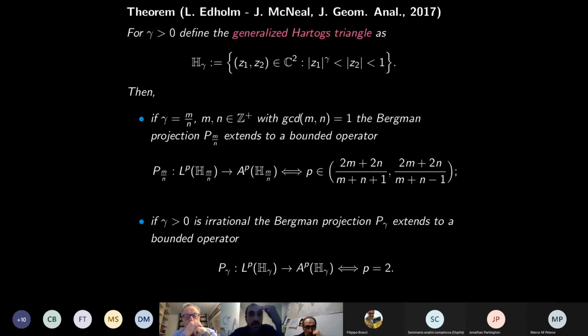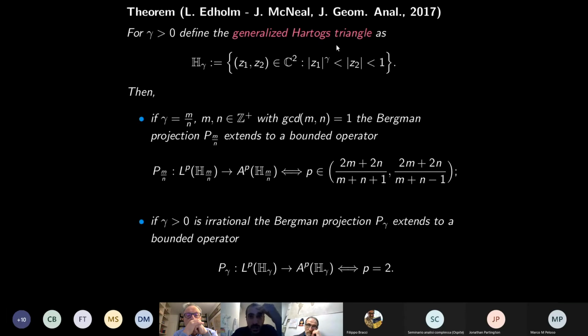So other people studied the following. Let's see just a few facts that people studied in this setting. For instance, Chen studied the weighted Bergman projection, where the Bergman space is defined with respect to a weighted measure, and the weight on the measure is the modulus of z2 to the power nu, where nu is a real parameter.